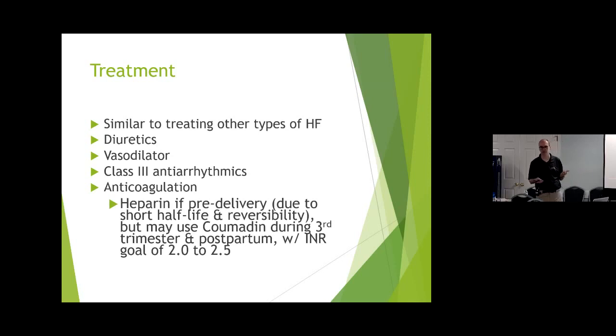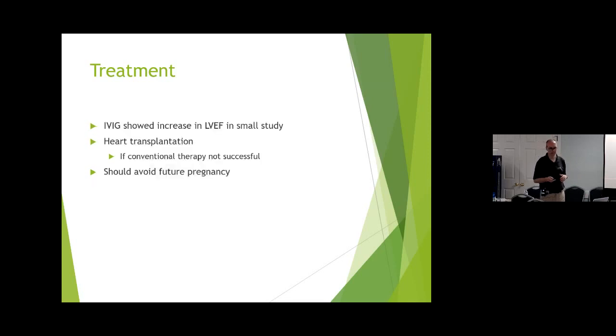How much should we give? 20, 40, 60? What are we going to do here? There are some studies that maybe we can eventually treat people with IVIG in the future. These patients can go on and get heart transplants from having such severe CHF. And the recommendation is to avoid future pregnancy.